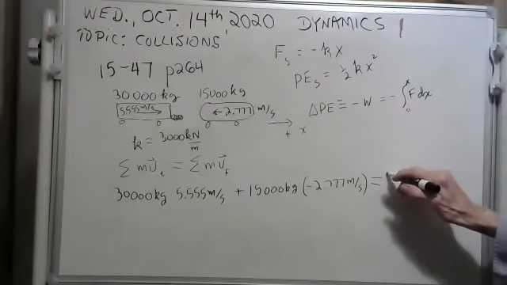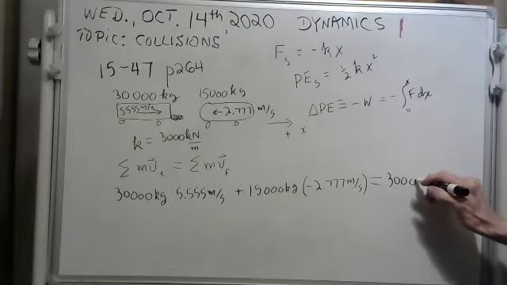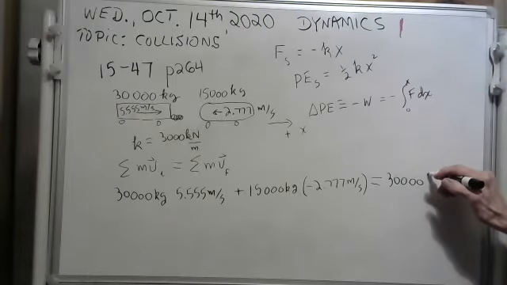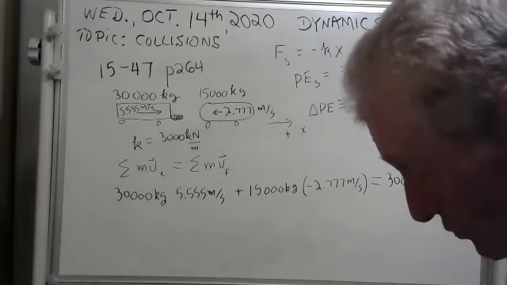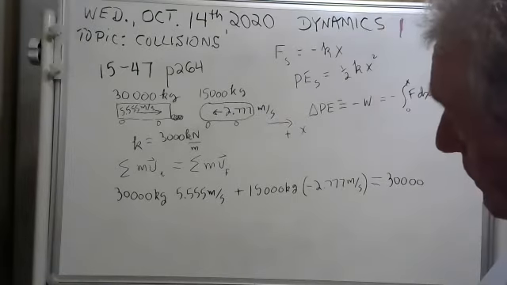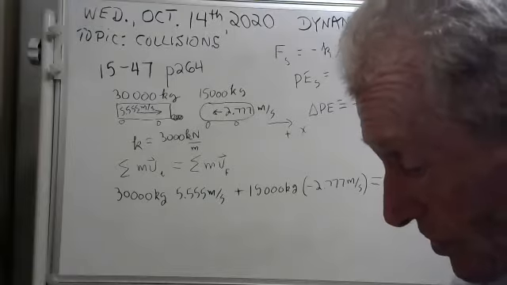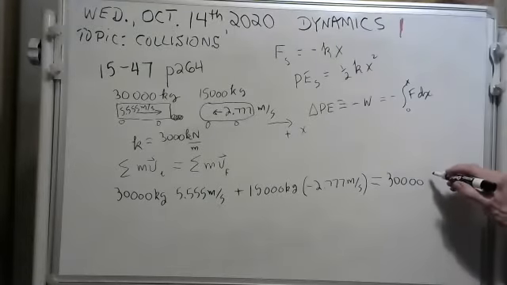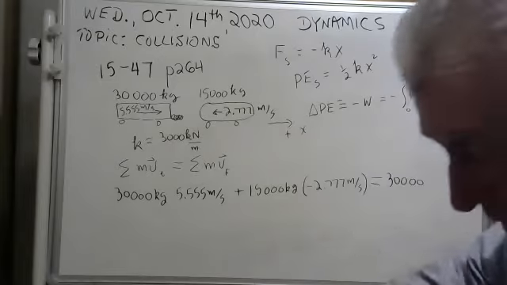Equals, there's your equal sign, equals the 30,000 times the velocity. Now, here's where you have to decide. If you want to talk about after the collision is over, then you'd write, is this body A and body B?